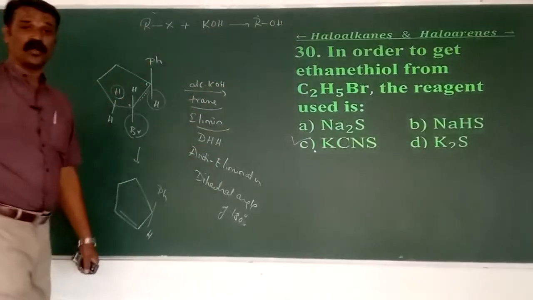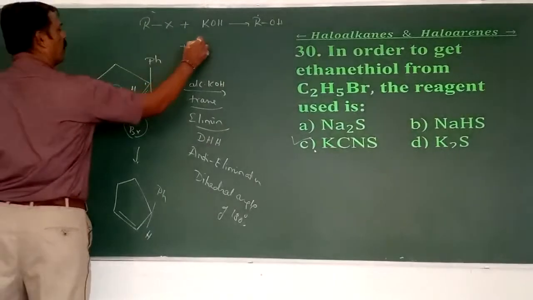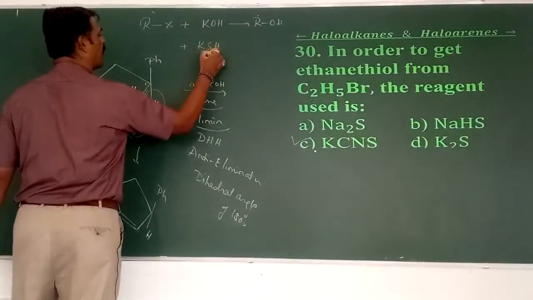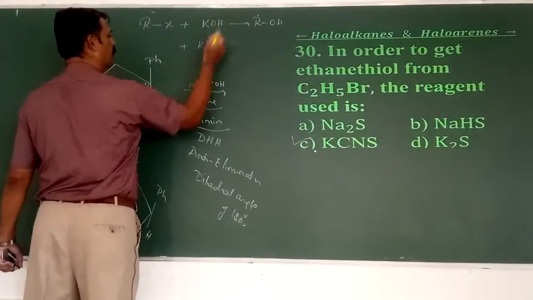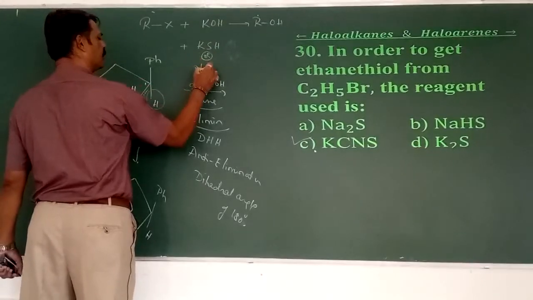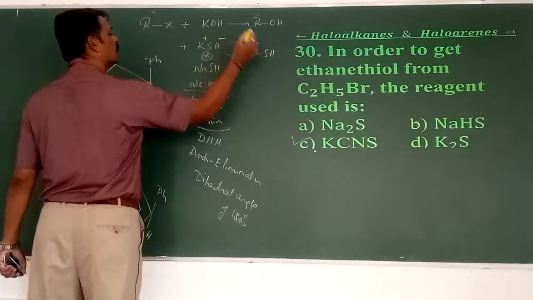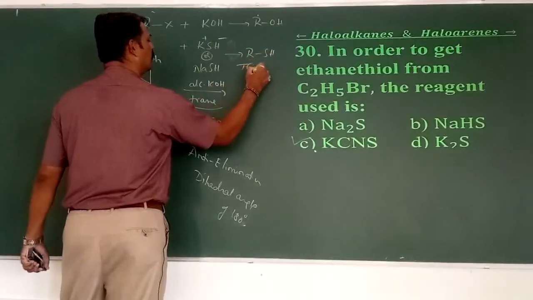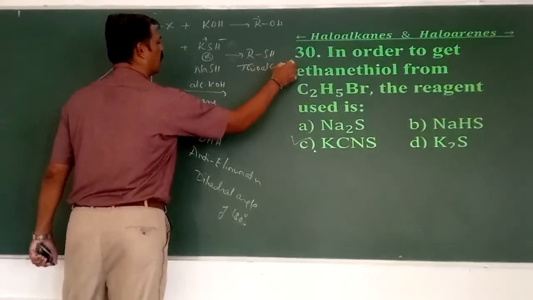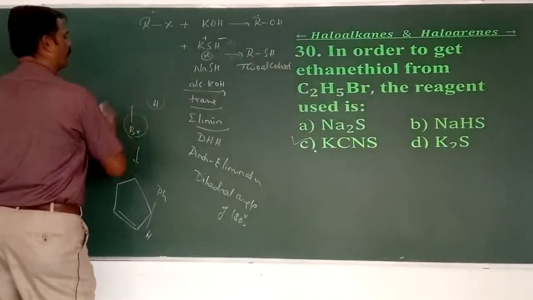It is an alcohol. Suppose it is made to react with KSH or NaSH, we get RSH, because it is plus and here it is minus. This is called thioalcohols. What is that called? Thioalcohols.